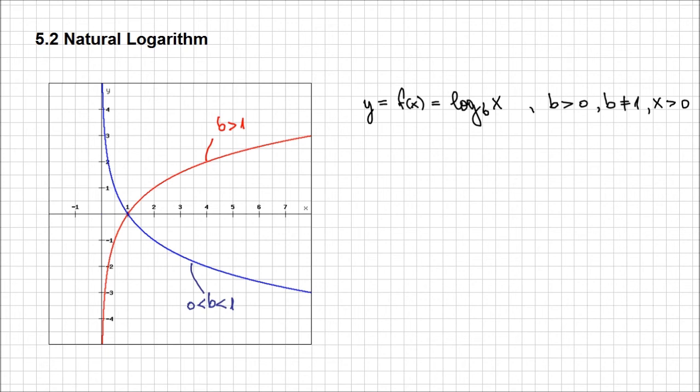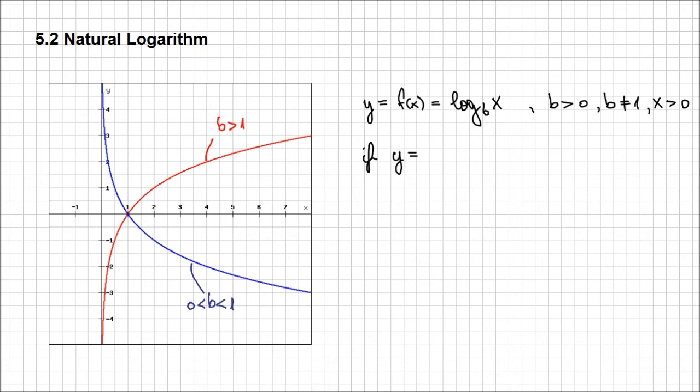As a connection with the exponential functions, you can see how the domain for these logarithmic functions is limited to only positive numbers, while the exponential functions, as you remember, have a range which only takes positive values. We know this logarithmic function is the inverse of the exponential function, therefore I'm going to write that connection between the two as follows.